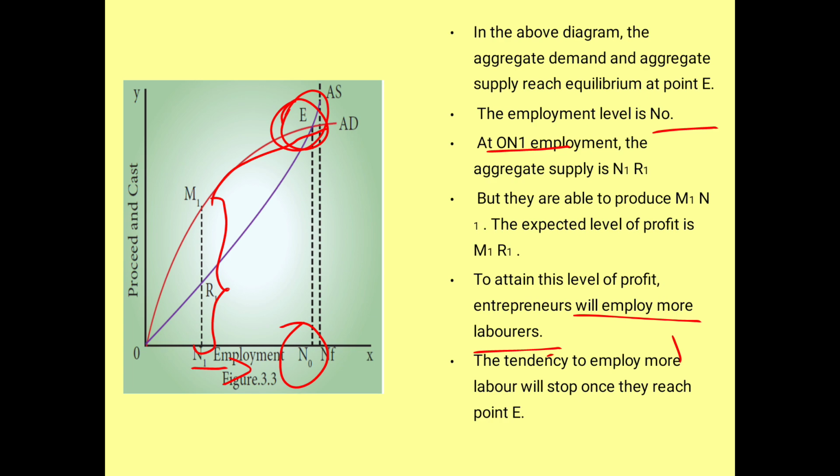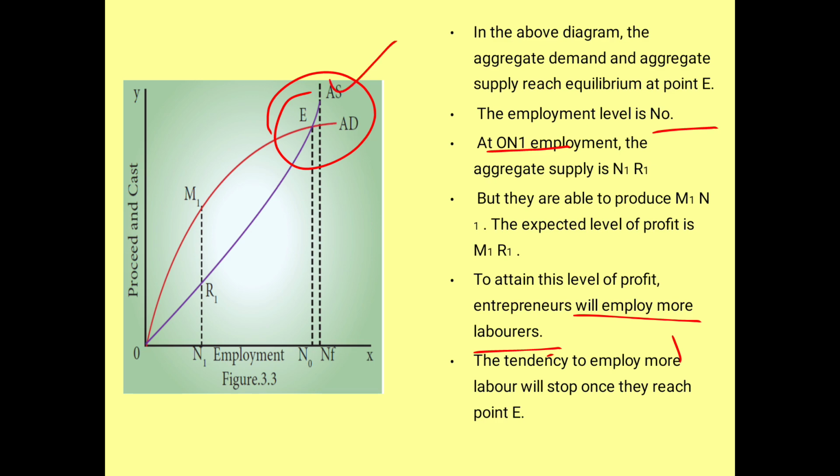After this ON, you can see aggregate supply is lying above and aggregate demand is lying below. Once the supply curve goes out and the demand becomes less, this area is called the loss area.